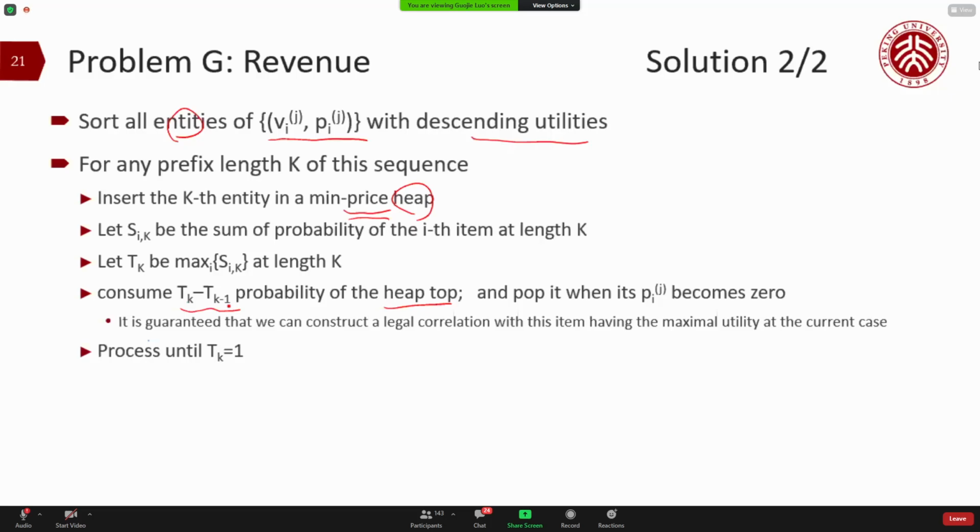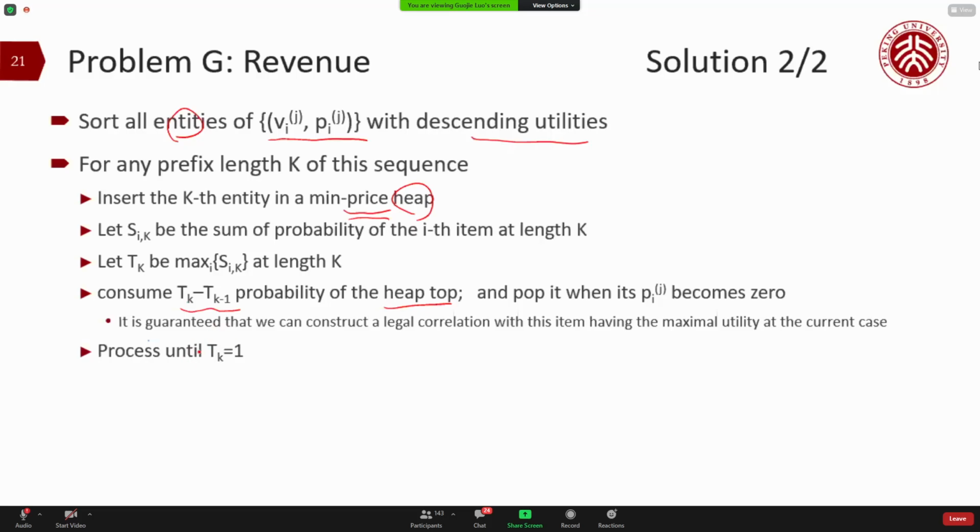And if all the probability for that case is already consumed, then we pop it from the heap. So it's guaranteed that we can construct a legal correlation with this item having the maximal utility at the current case. So although it's a deterministic algorithm, we are constructing the correlations in the joint distribution.